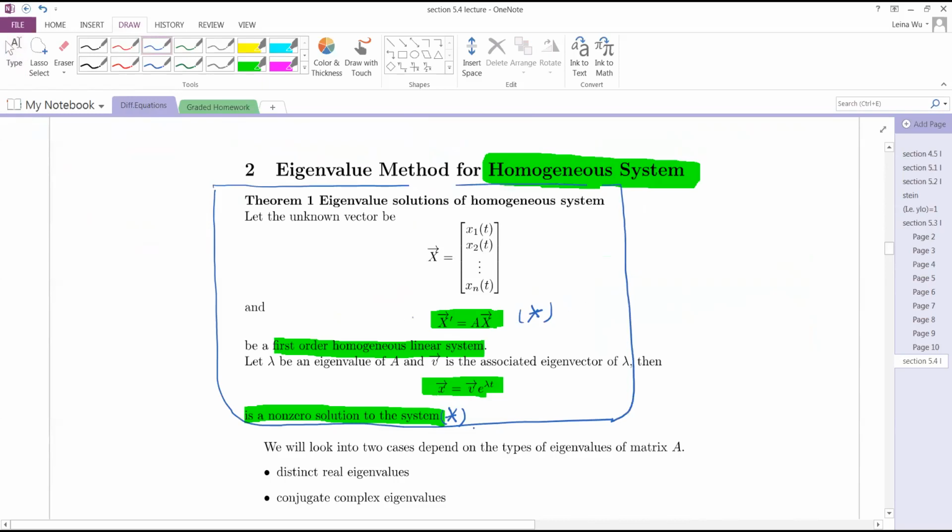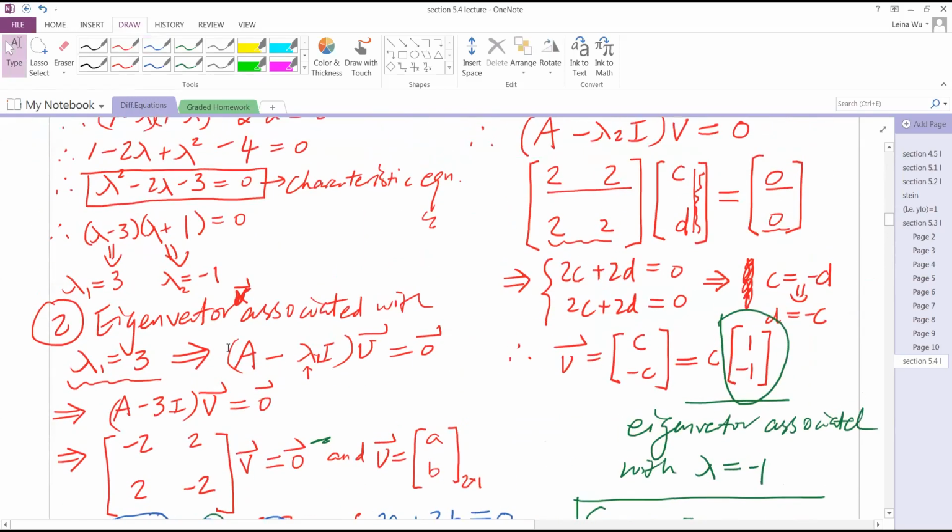Now the question is, when you think about an eigenvalue, lambda, an eigenvalue of matrix A, the matrix A may have multiple eigenvalues. Would you agree? Like in example 1 we did, there are 2 different eigenvalues and they're both real numbers.